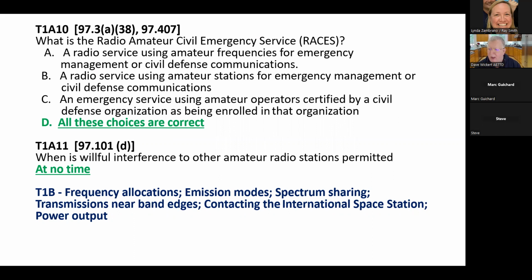Just because you dislike what they're saying, just because you think that you own the frequency, or whatever reason you feel it's your responsibility to interfere with another radio station, that is not permitted, and that's one of the items that the FCC will come at you about, because we are expected to all be good citizens of the amateur radio spectrum, and we're expected to be respectful of each other, and we cannot willfully interfere with other amateur radio stations. Unfortunately, that happens from time to time.